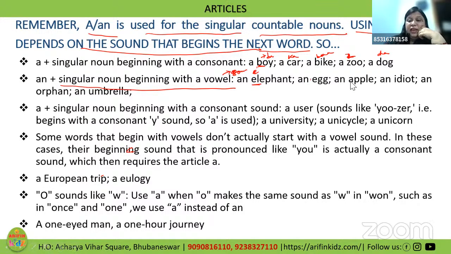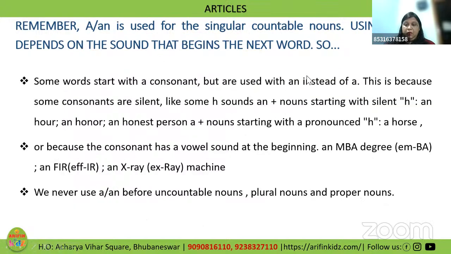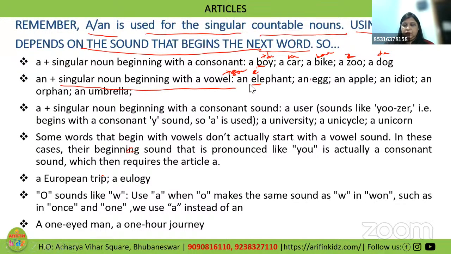This A should be pronounced as A. So we are not talking about the letters here, we are talking about the sounds. Idiot, orphan, umbrella. Why? Because in all these, the O is pronounced as A. And here also U is pronounced as A.